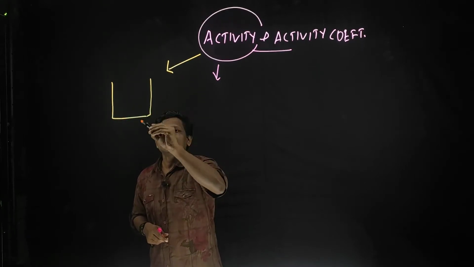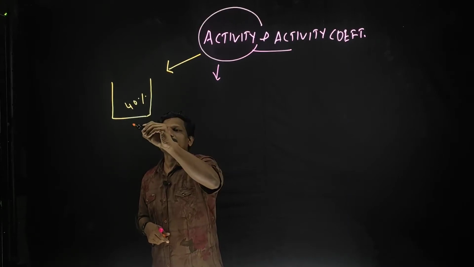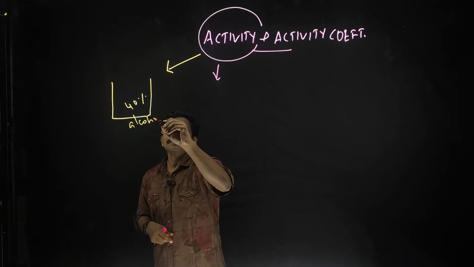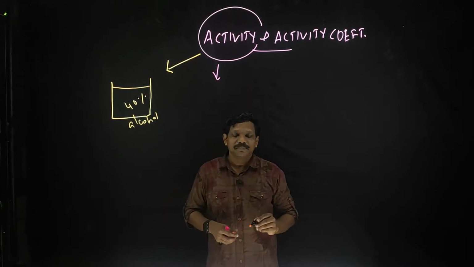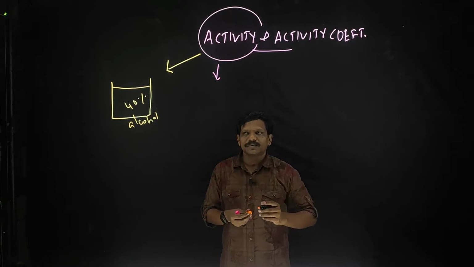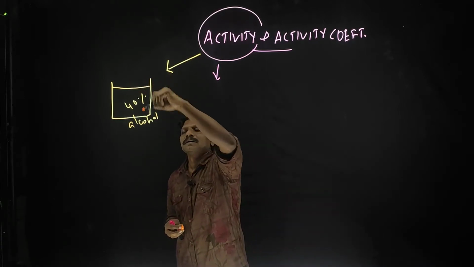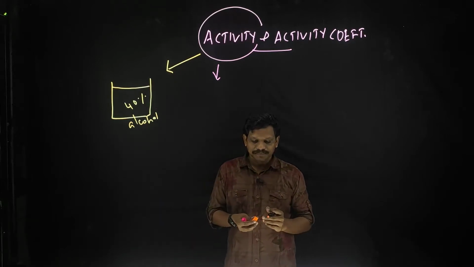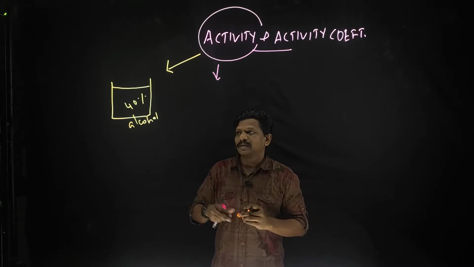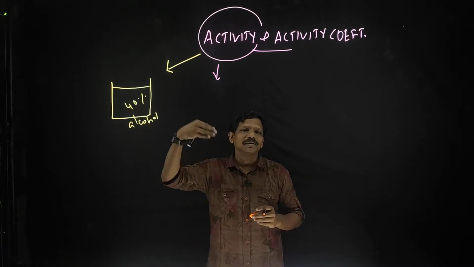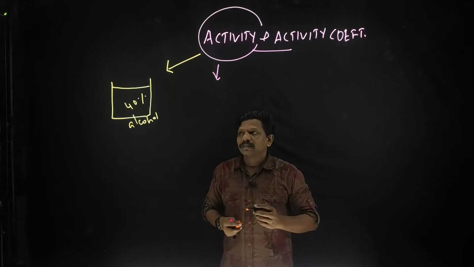If we take 40% alcohol in a beaker, that means 40% alcohol plus 60% water. That means we are dissolving 40% alcohol in 60% water. You can call it 40% alcohol.